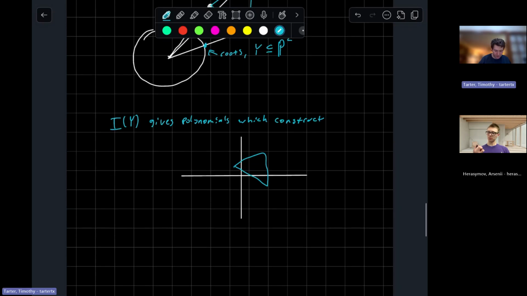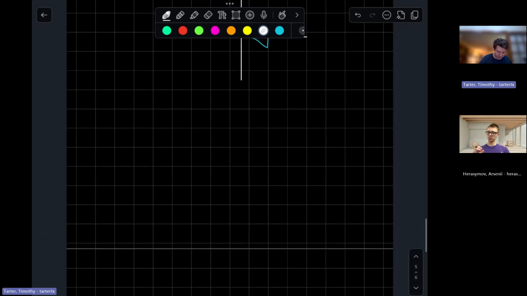Now we define the homogeneous coordinate ring. So again, before we had the affine coordinate ring.